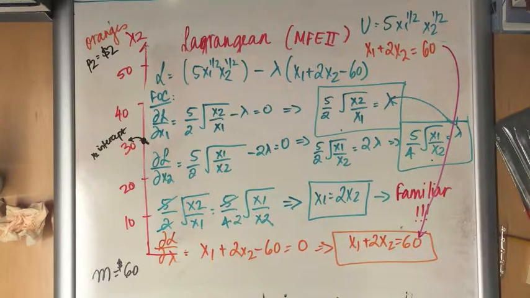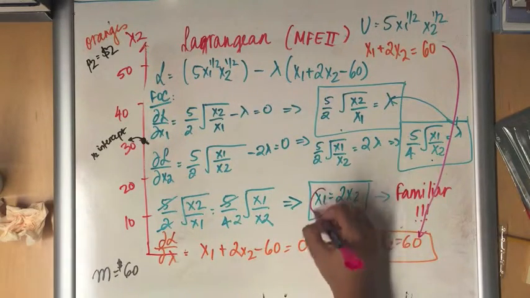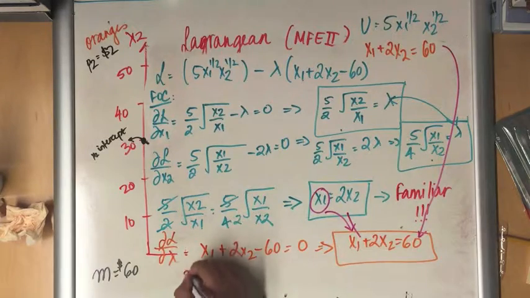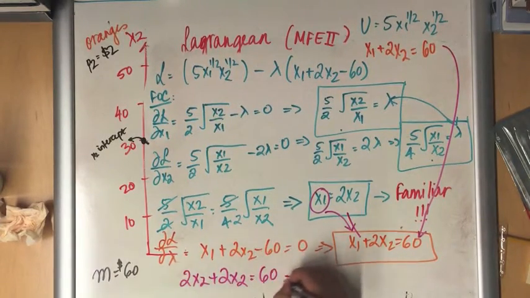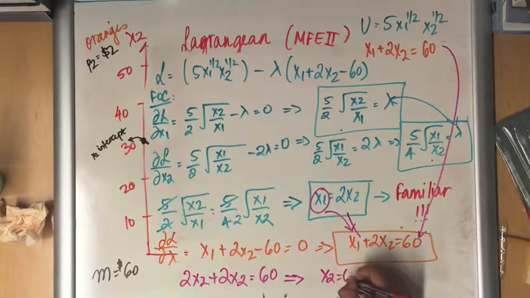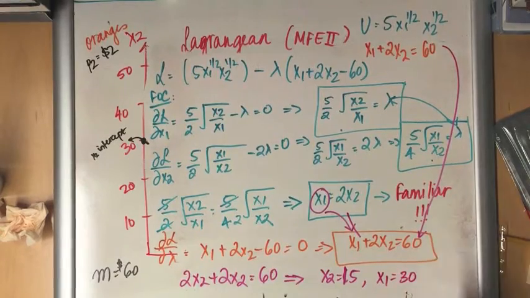So I take these two together, substitute for x1 in here, and that gives me 2x2 plus 2x2 equals 60, which then again gives me x2 equals 15, and x1 is 30. So I'm consuming at a bundle 30, 15.